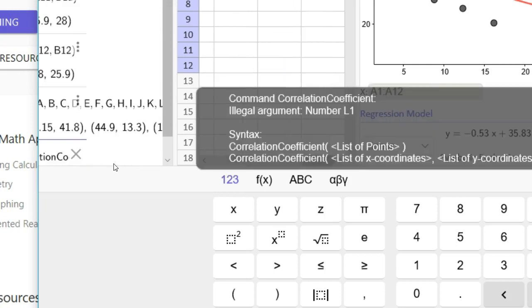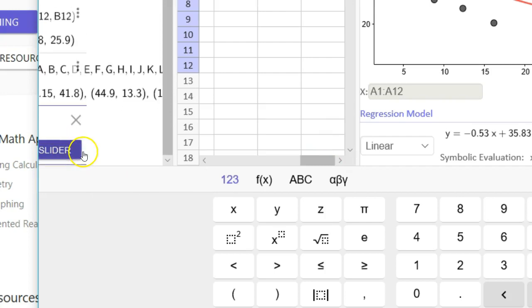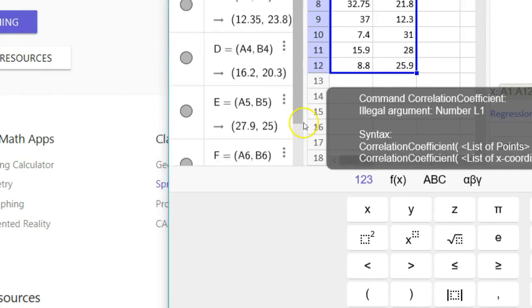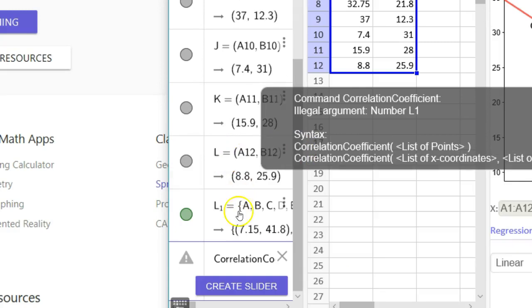And it gives me a syntax error. And I think I need to do an L_1 for L1. So let me get down here to it. There it is, correlation coefficient.